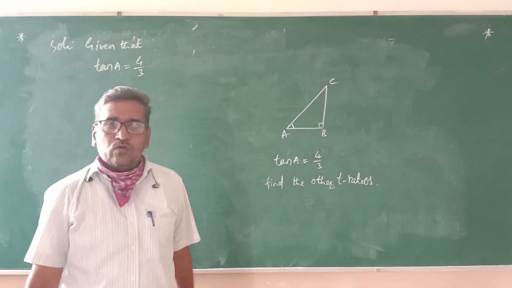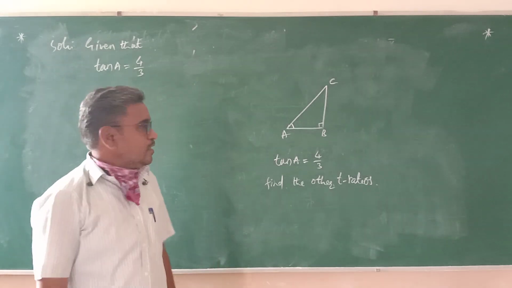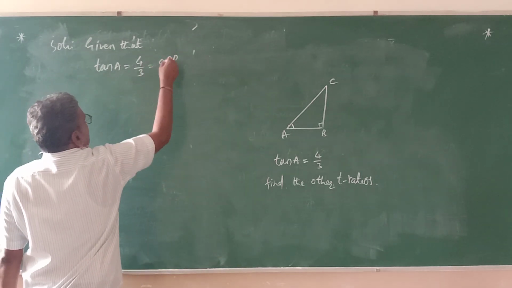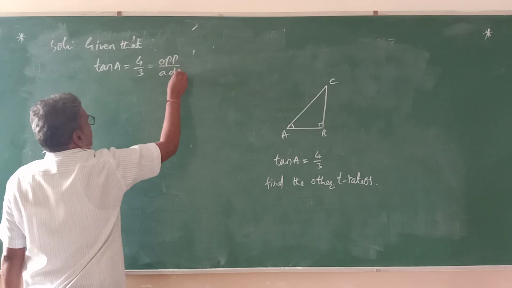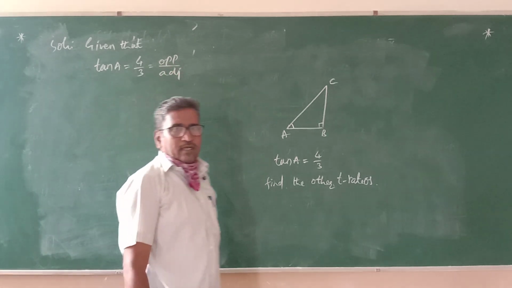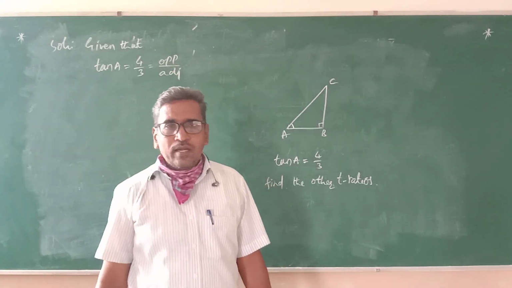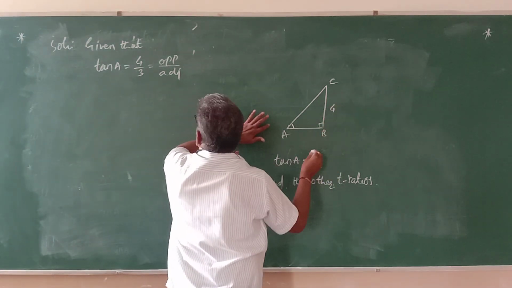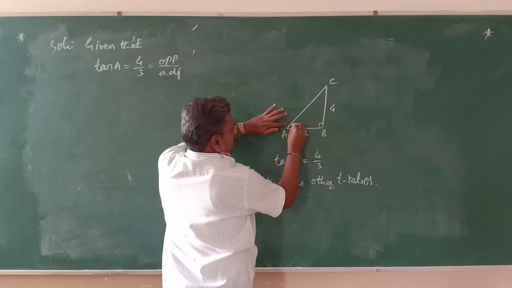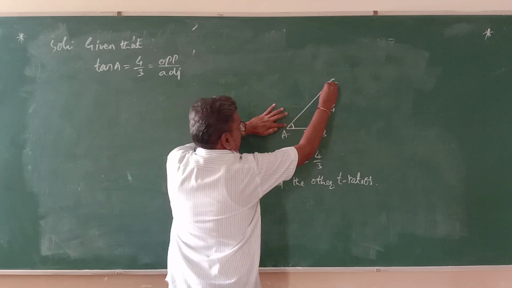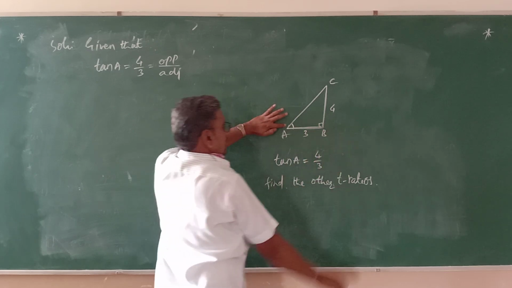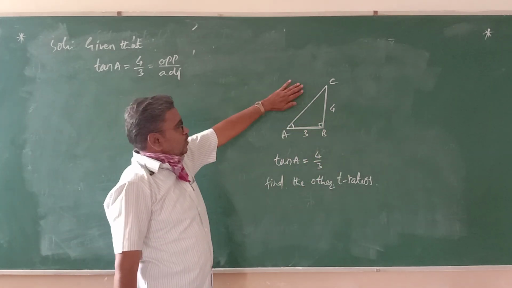Tan A is opposite by adjacent. Very careful about that. Related to angle A, this is opposite and this is adjacent. Then we want to find the value of AC.